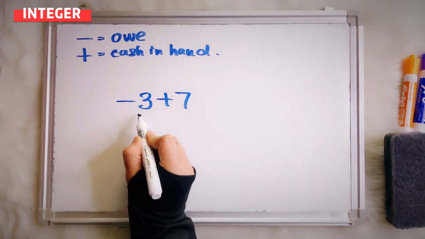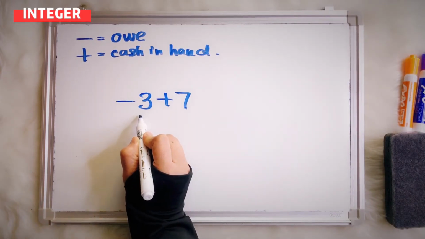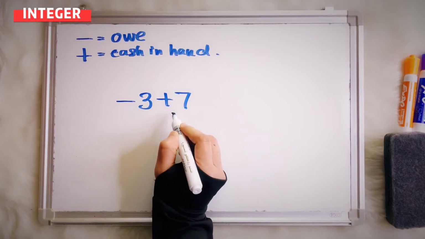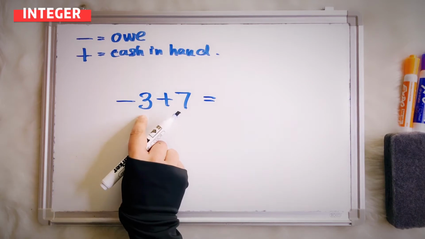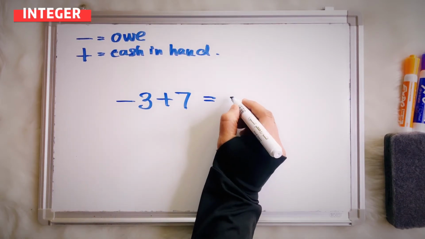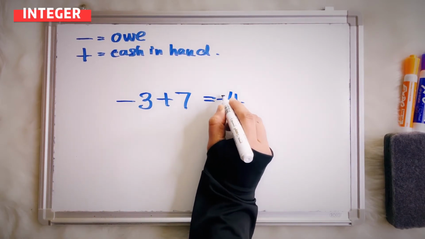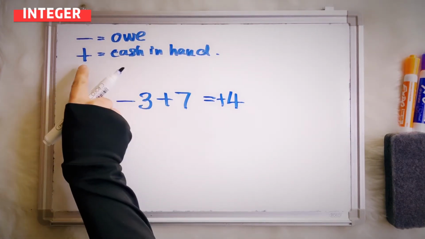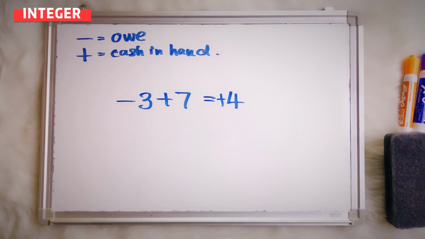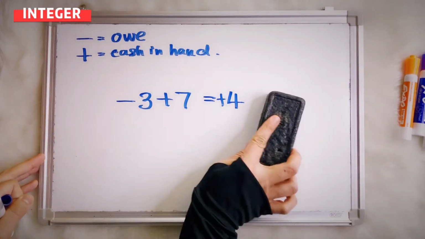That means you owe me $3 and you have cash in hand $7. So after you pay me $3, you will have 4. You still have cash in hand 4, so you put positive 4. Alright? Okay, you use this concept, okay?